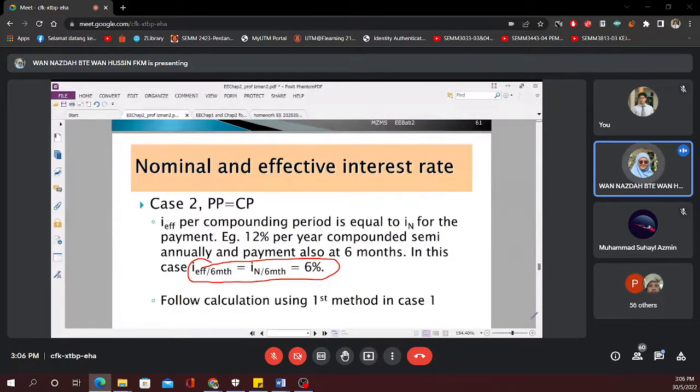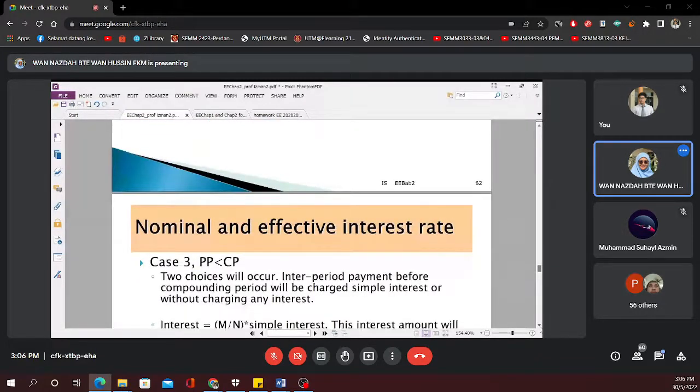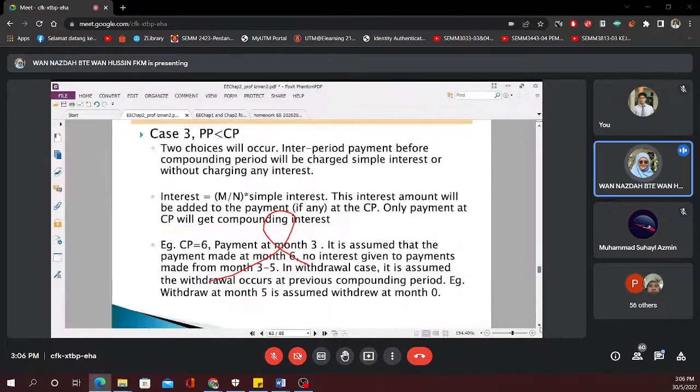Alright, so for the payment period equals to compounding period, okay. Let's look at an example. This case number 3 seldom happens, so we just ignore this one.